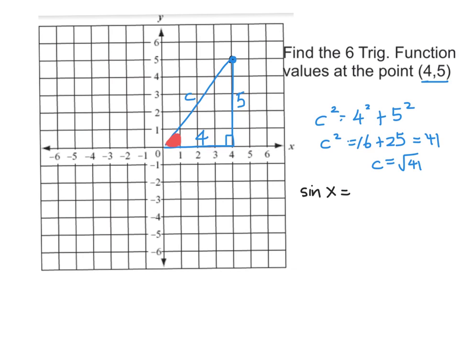Now we're looking at SOHCAHTOA here. And we know that sine is opposite over hypotenuse. So the opposite, to that red angle, is going to be 5, and the hypotenuse is going to be c.